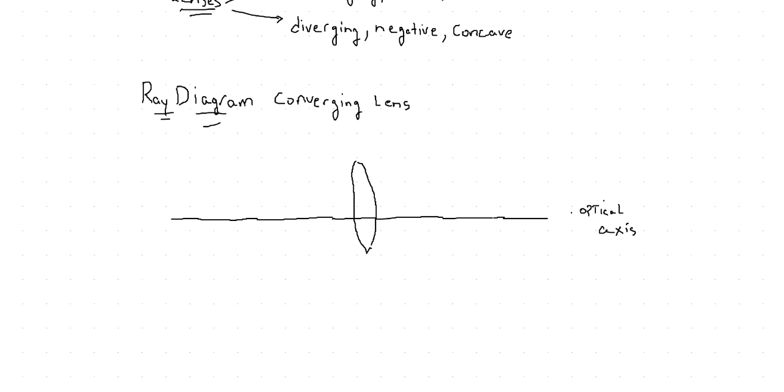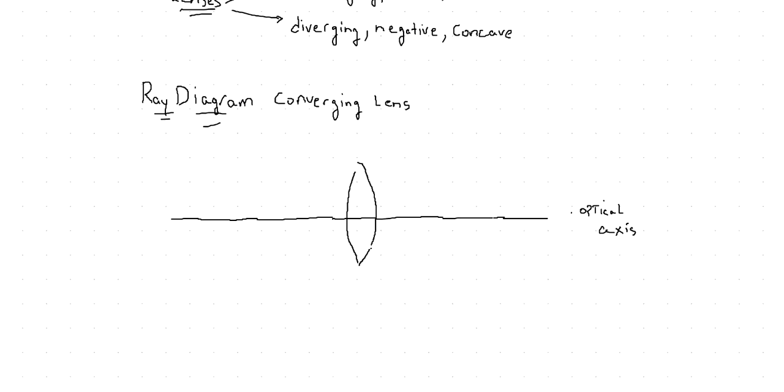Okay, let me see. Do I have an eraser? Yeah, I have an eraser. So let me try to fix this. Okay, so let's go down a little. Let me fix this if I can a little better. All right, that's a little better. Okay, so as I said, the optic axis is supposed to go right through the middle of this lens.